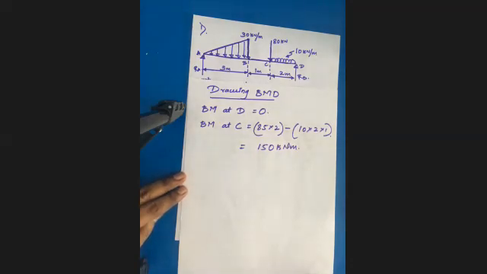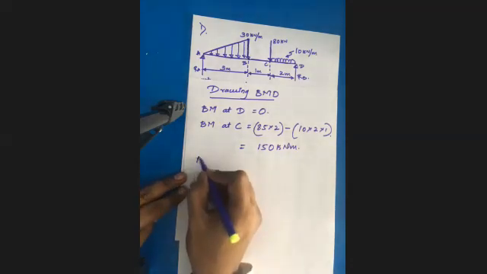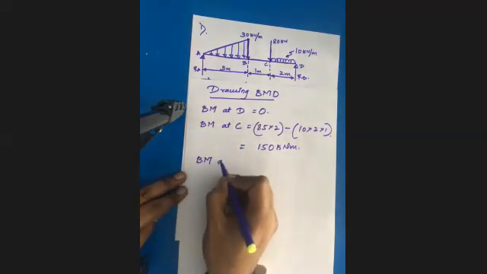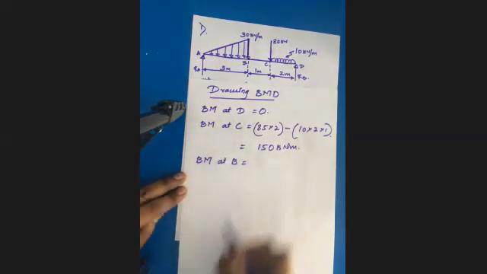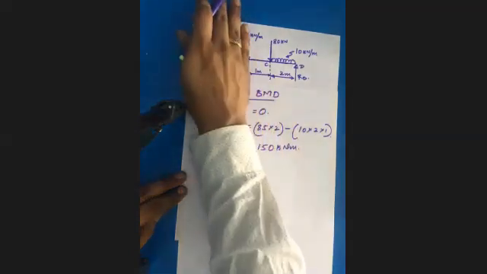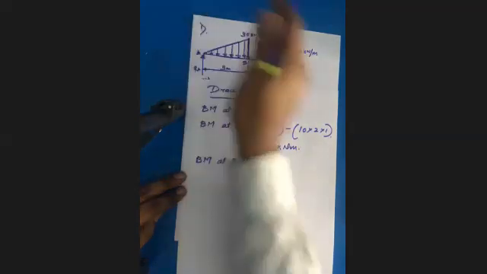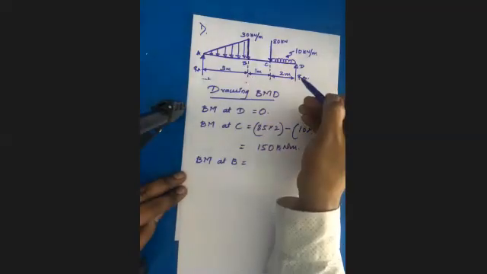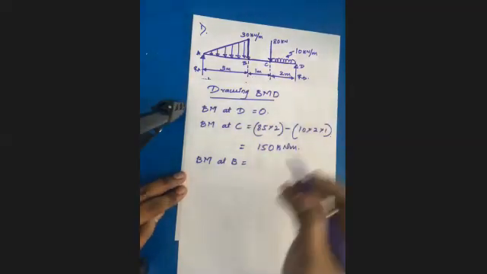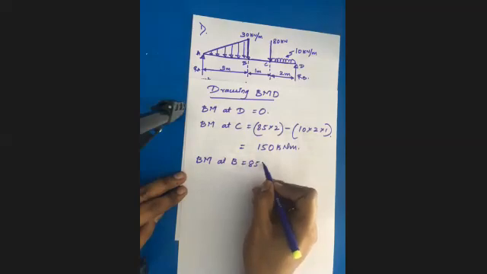Next, I'll proceed to point B. Bending moment at B will be equal to, now I'll consider again all the forces towards the right side of point B. First, I'll consider RB. RB is 85, so it becomes 85 into the distance.